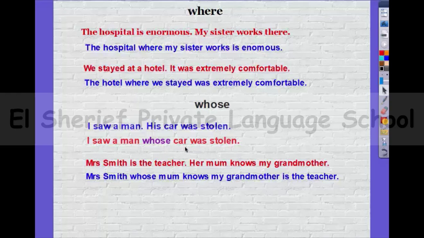As you can see here, whose is in between the owner and the thing that belongs to him. A man, car. The second example, Mrs. Smith is the teacher. Her mom knows my grandmother. So, the sentence is, Mrs. Smith, whose mom knows my grandmother, is the teacher.